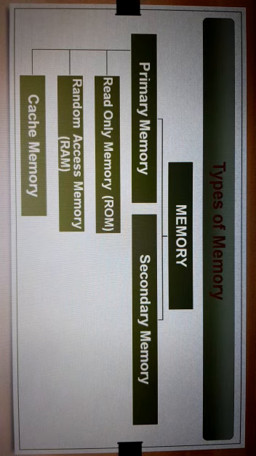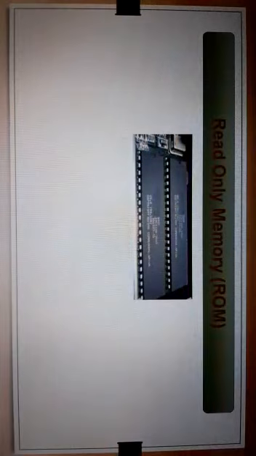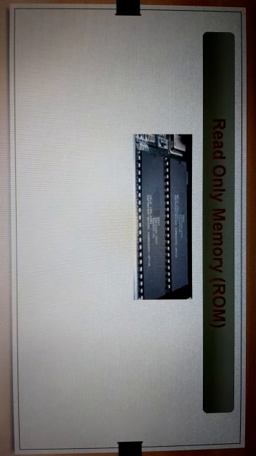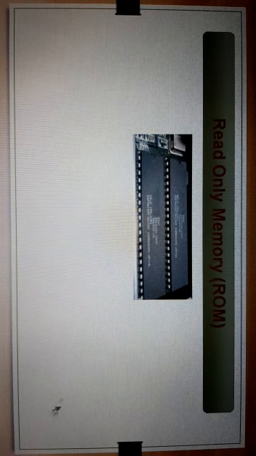That means in this memory, the user can only read from it, but is not allowed to write or store anything into it. As you see in the figure, each and every internal memory is known as chip memory. So ROM is also displayed like this one, chip memory.